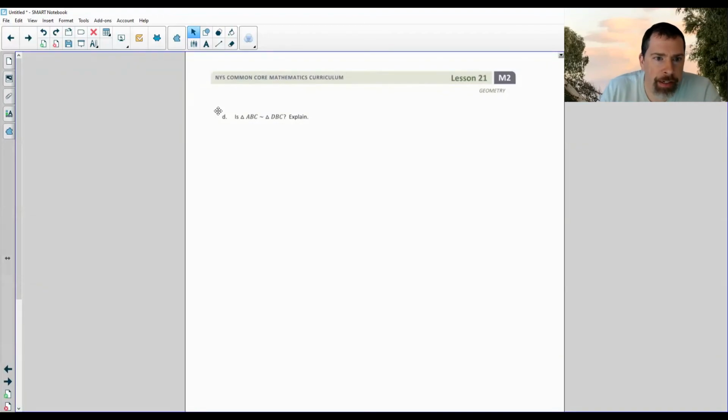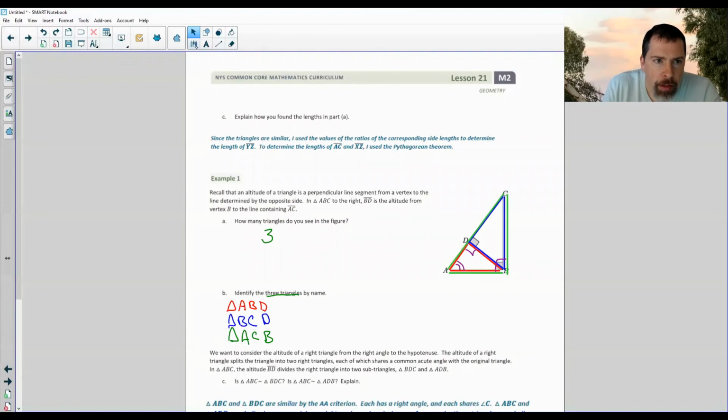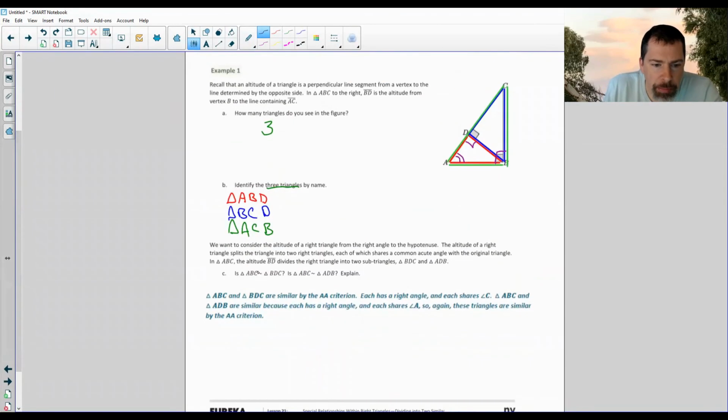So let's go back, and I'm going to explain what they're doing here. Remember what I said about naming triangles with corresponding pieces. A corresponds to B. Why? Angle A is here. Angle B is here.